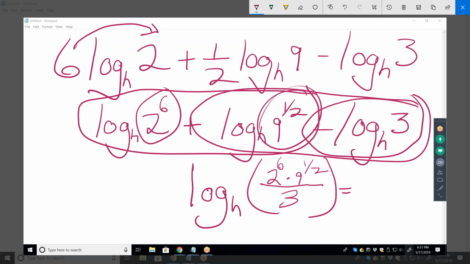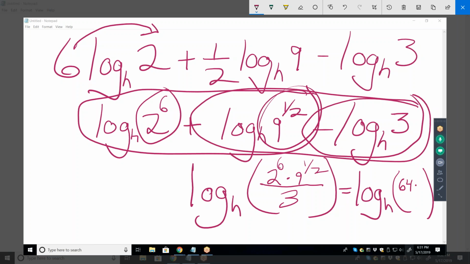Now, we can simplify this a little bit, and we should, because we're looking at all these numbers that we know what they are. What's 2 to the 6th? That's 64. I'll help you out on that one. Okay?